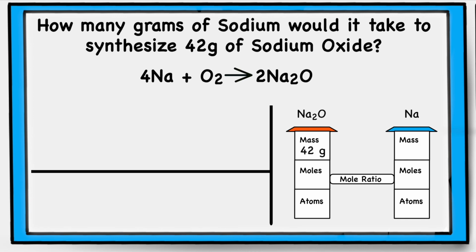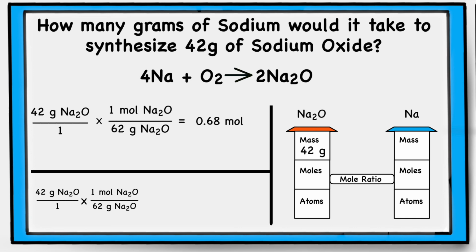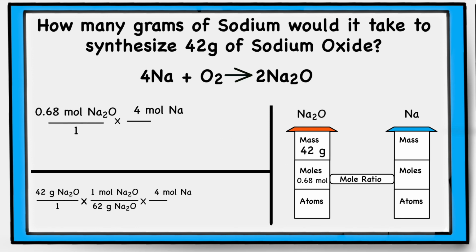We have 42 grams of sodium oxide, so this is going to go into the mass portion of the sodium oxide building. Now we need to convert to moles by multiplying these 42 grams of sodium oxide by 1 mole of sodium oxide over 62 grams of sodium oxide, or its formula mass. Now we use the mole ratio to get moles of sodium.